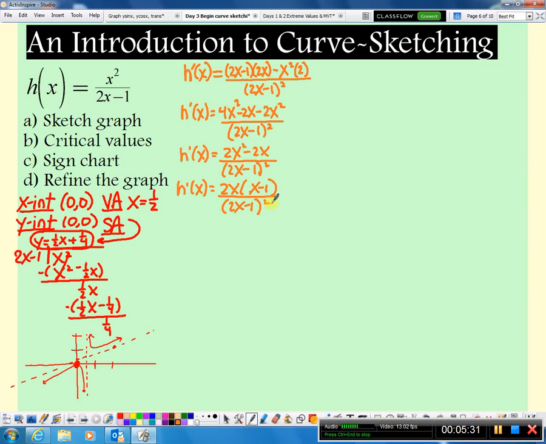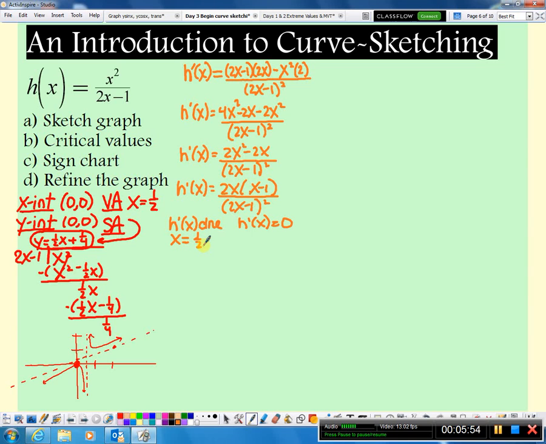But here's the thing. If I'm going to find the critical values, I need to look, does h prime of x fail to exist? Does h prime of x ever equal 0? Well, you might look at this and say, well, sure, h prime of x is going to fail to exist at x equals 1/2 because that's what's going to make the bottom go to 0.